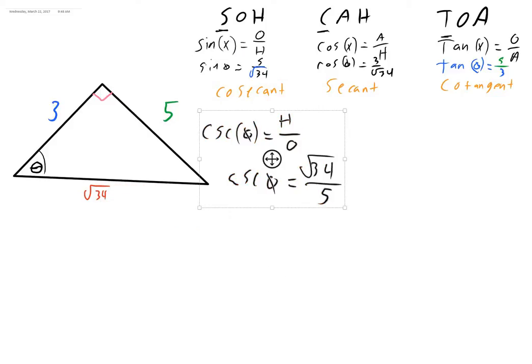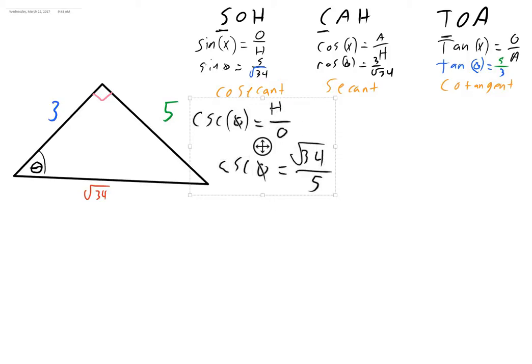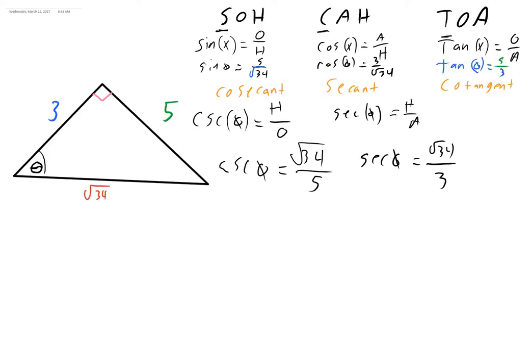So that is cosecant. Okay, so let's go for secant. Secant, which would be written SEC of theta, is going to just be hypotenuse over adjacent. So in this case, secant of theta will be root 34 over 3.